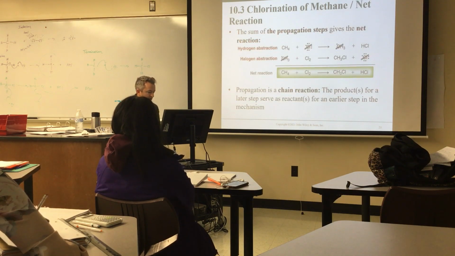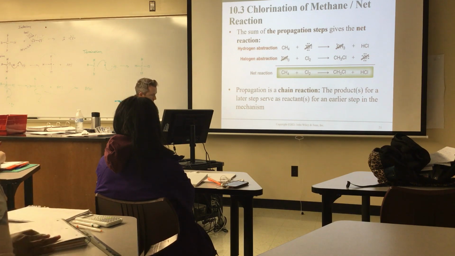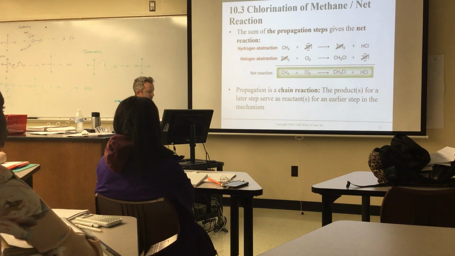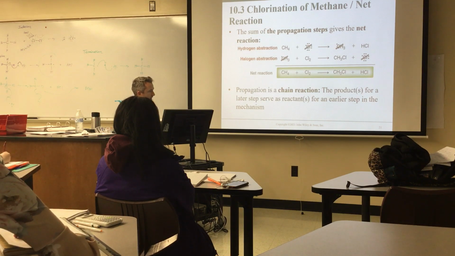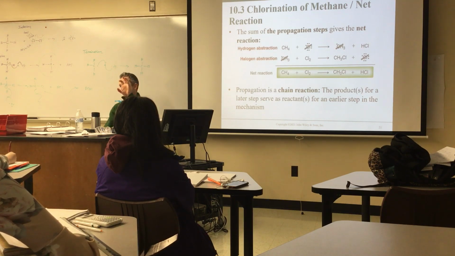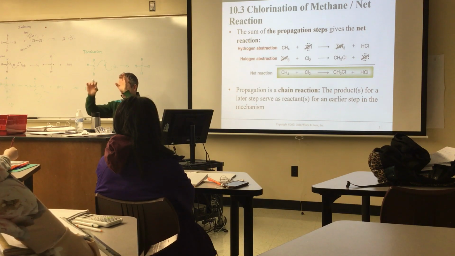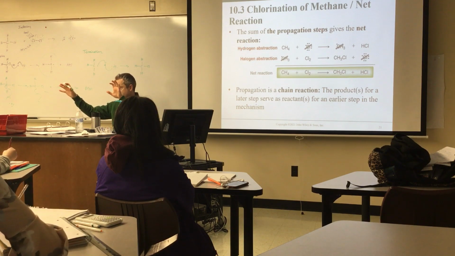Okay. So again, propagation is something that continues to occur as long as there's other radicals around, as long as there are substrates that can be chewed up that are neutral. So remember, propagation is a neutral substrate plus a radical, right? To form a new radical and something else, okay?